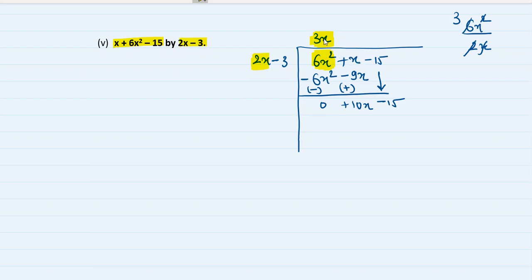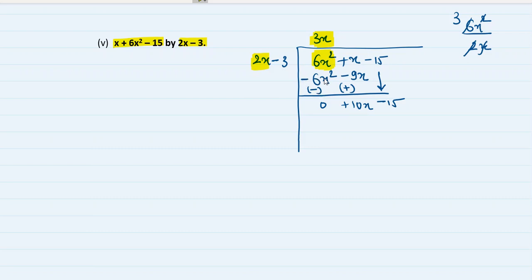Now what you do is you multiply this first term of quotient with the first term of divisor and write the answer beneath your dividend. So 3x multiplied by 2x is 6x square. 3x multiplied by minus 3 is minus 9x. Now you subtract these terms from the first line of your dividend. When you subtract, you remember you need to change the sign.